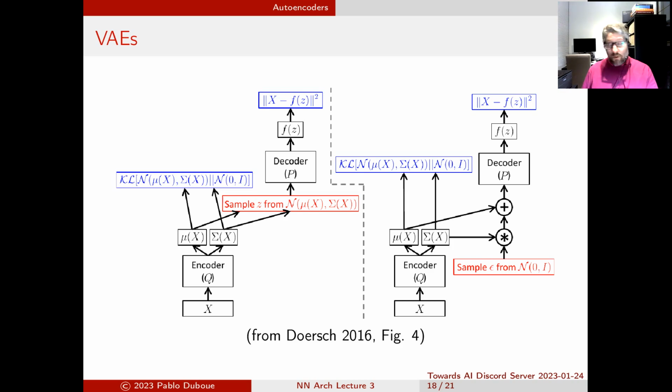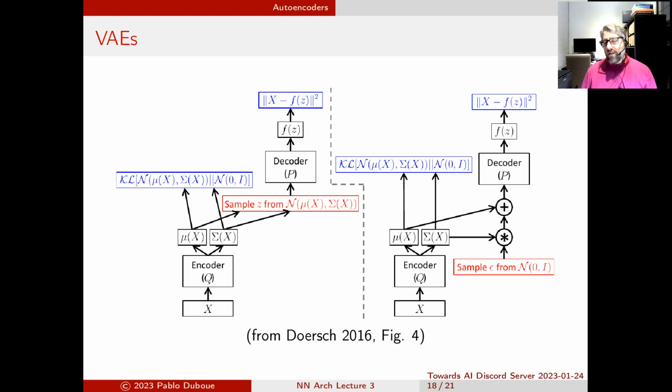So to make this work, they use what is called the reparametrization trick, where they introduce a sample from just 0, 1, so an unbiased sample, and they combine that with the mu and sigmas that you are getting from the encoder, and that whole structure is trainable end to end.